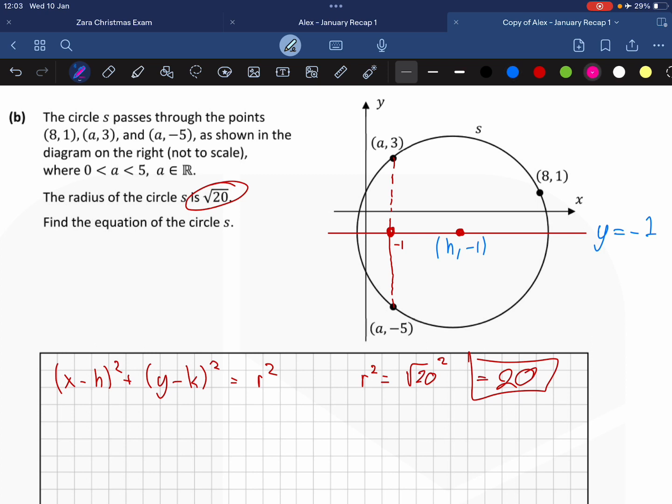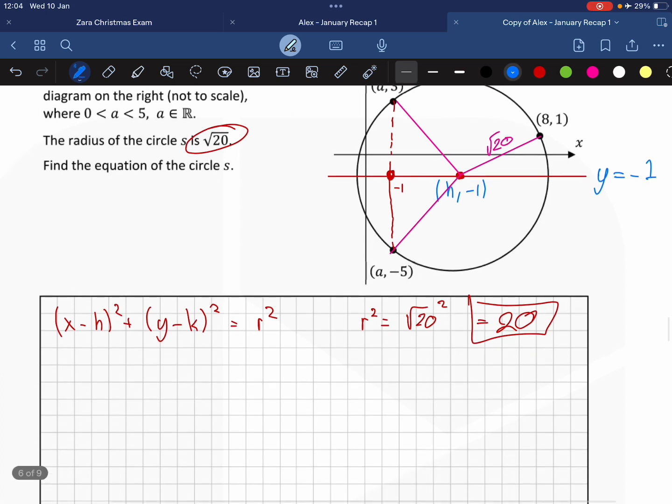So what else does the question tell us? It says the radius is equal to root 20. So any line drawn from the center to any other point on the circle, we know for a fact that that distance is going to be the square root of 20. So we can use this fact and the distance formula from (h, minus 1) to figure this out.